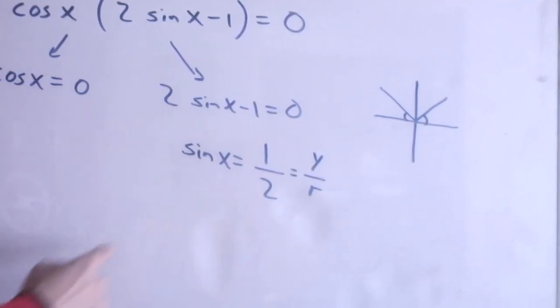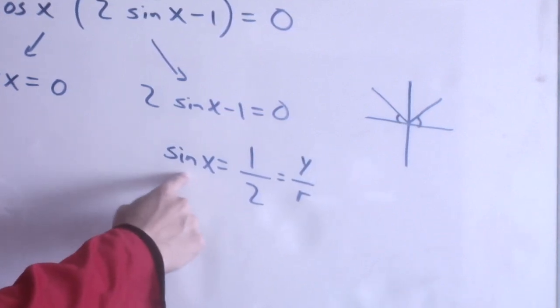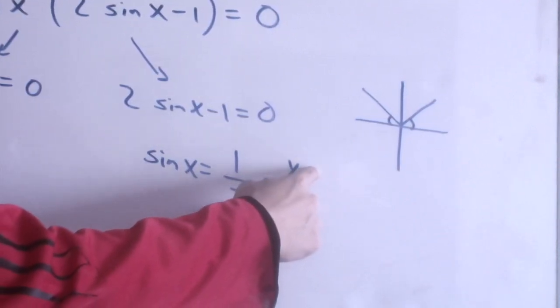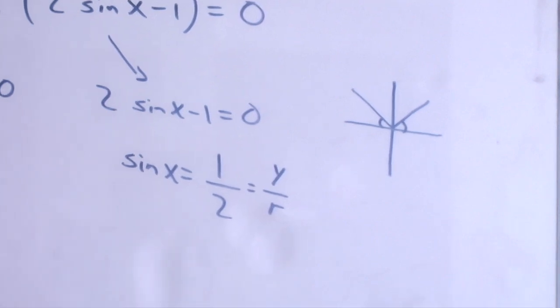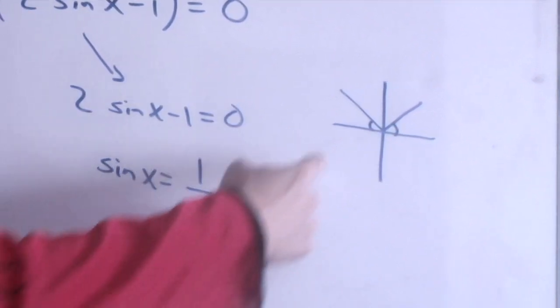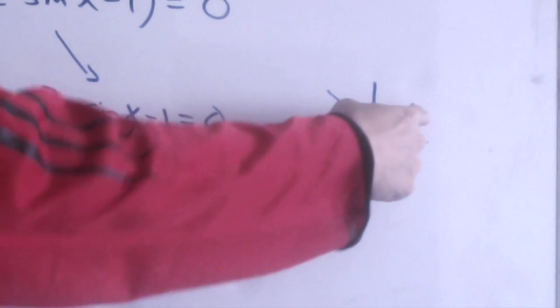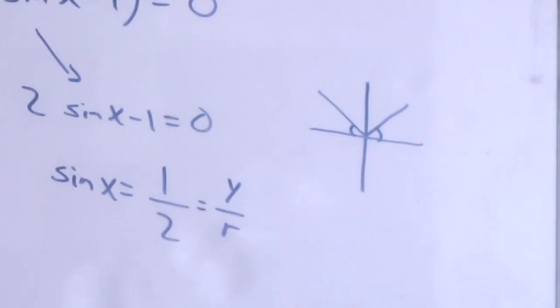So equal to 0 and solve for x. X is 1/2. And I have sine. Sine in letters is y over r. So the y is positive. So the quadrants that the y is positive is 1 and 2.